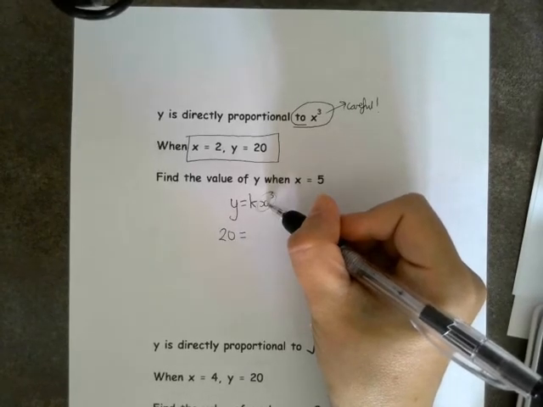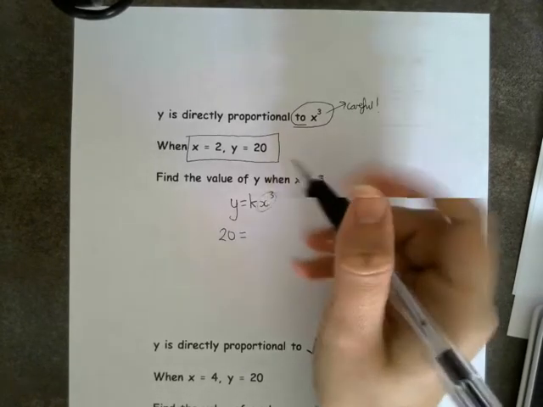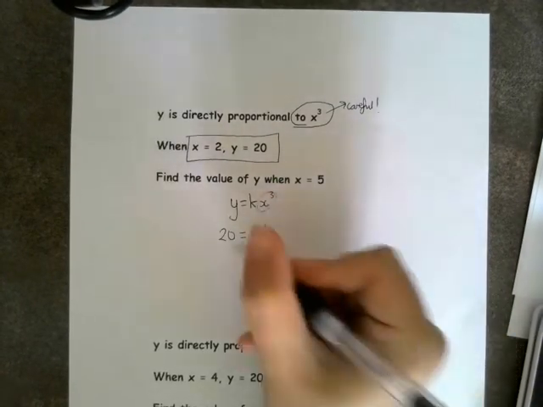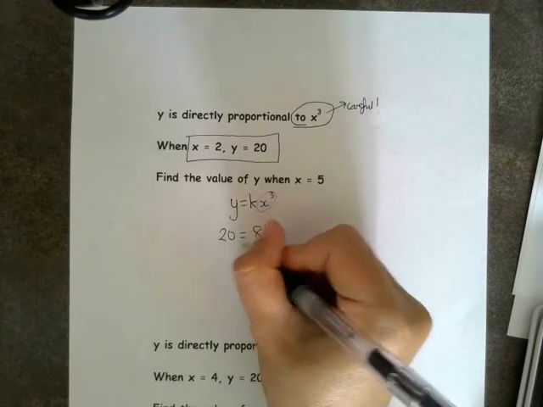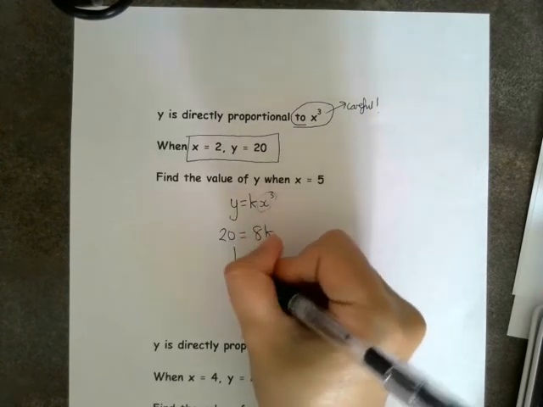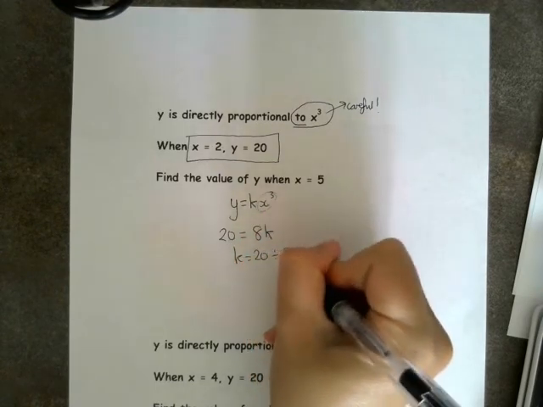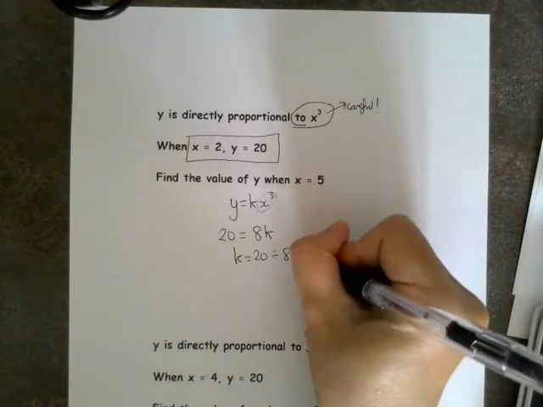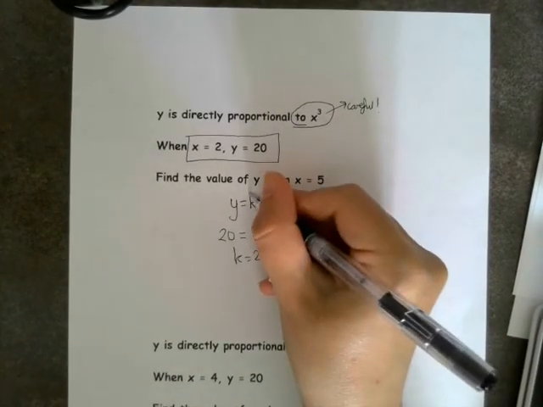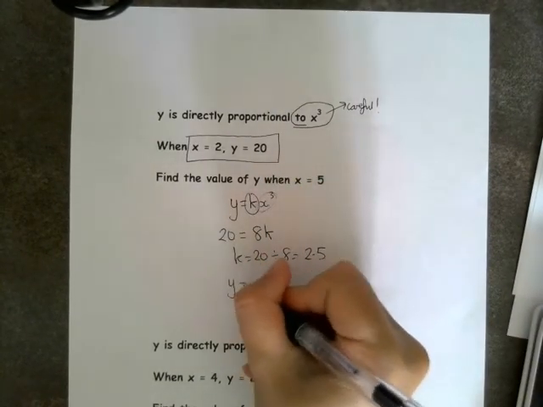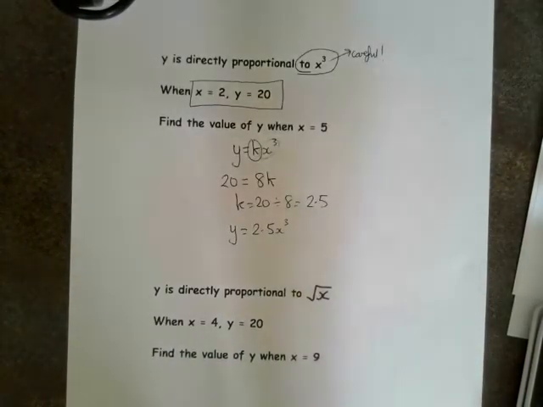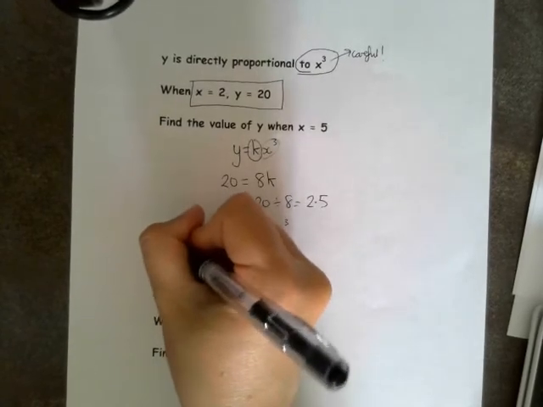So 2 times 2 is 4, times 2 is 8. So again, I'm not going to write k8, I'm going to write 8k. So to work out k, I'm going to do my division. So it's 20 divided by 8, which is 2.5. So replace that k with 2.5, so it would be y equals 2.5x cubed. So that is my equation.